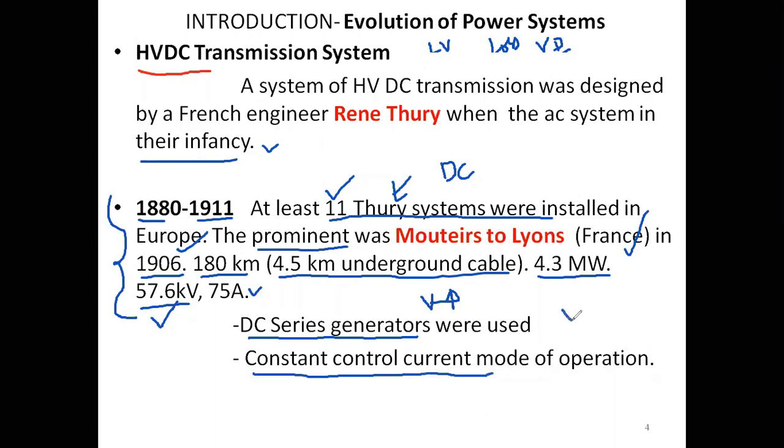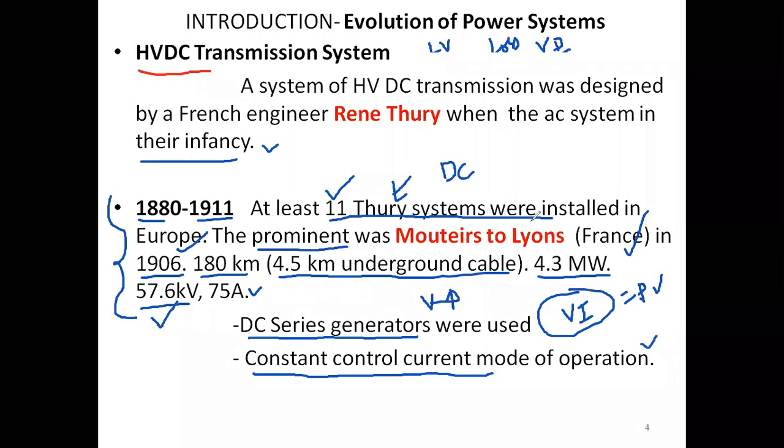That means in DC, the power is given by voltage multiplied by current. If you want to maintain the power as a constant, if one is increased, then the other has to be decreased. Here in the DC system, a constant current control mode of operation was used in the entire system.